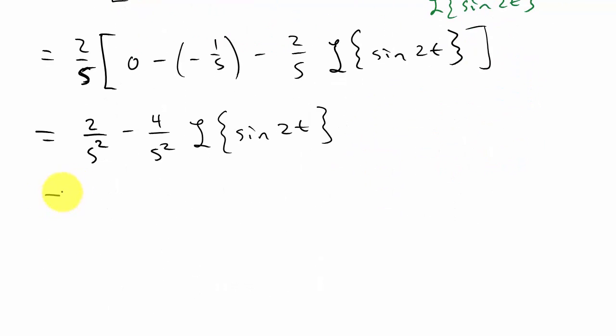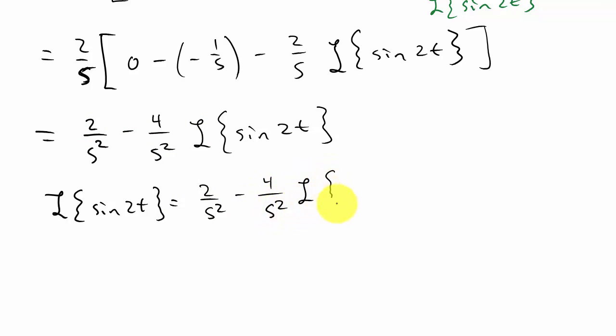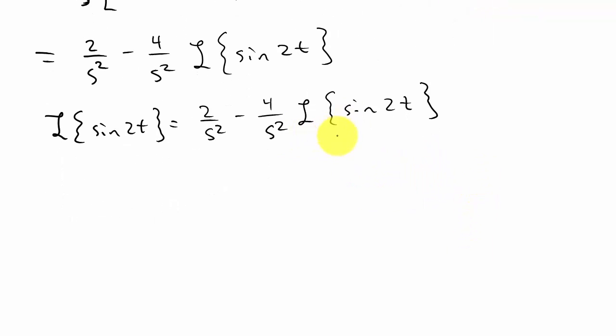So I can actually come here and write down the Laplace transform of sine 2t is equal to this right here, 2 over s squared minus 4 over s squared times the Laplace transform of sine 2t. And so all I do now is just solve for the Laplace transform of sine 2t.